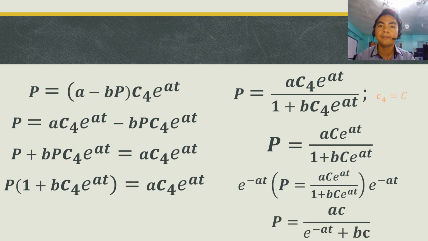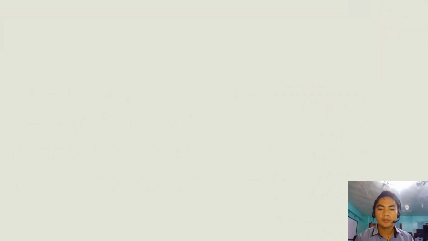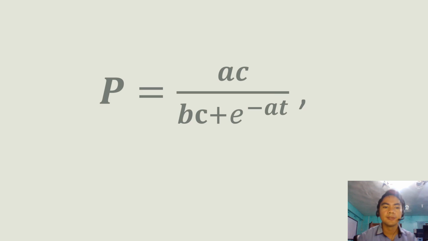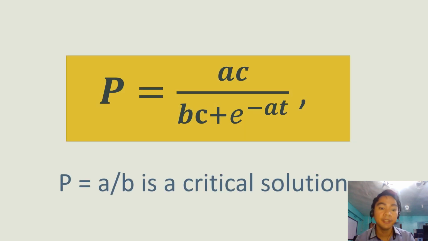So we have p is equal to ac all over e raised to at plus bc. And let's rearrange. All right, now this is our solution. So we have p is equal to ac all over bc plus e raised to negative at.